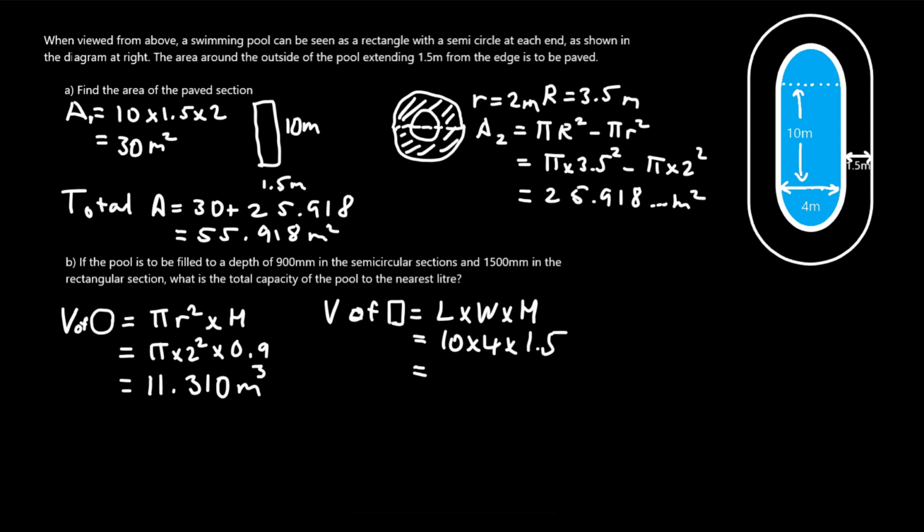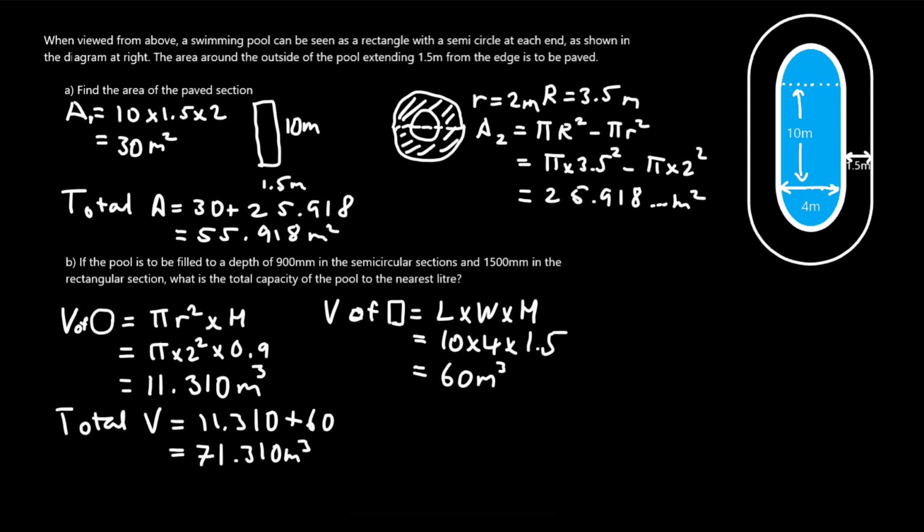And if we calculate this, we will get a volume of 60 meters cubed. Obviously, we want the total volume. Total volume will just be 11.310 plus 60. That's going to be 71.310 meters cubed.